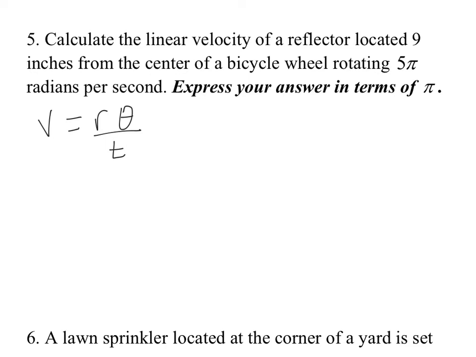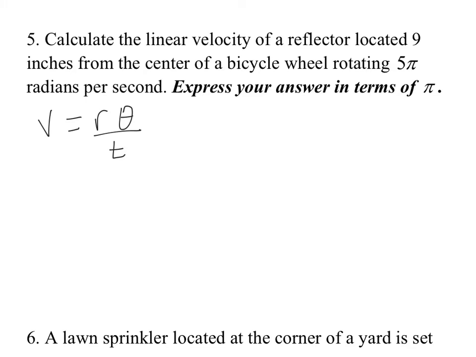So it says calculate the linear velocity of a reflector located 9 inches from the center of a bicycle wheel, rotating 5 pi radians per second. So we want to express our answer in terms of pi. That means when I do my calculations, I'm not going to multiply anything times pi. I'm going to leave pi alone. Pi is going to be part of my answer.